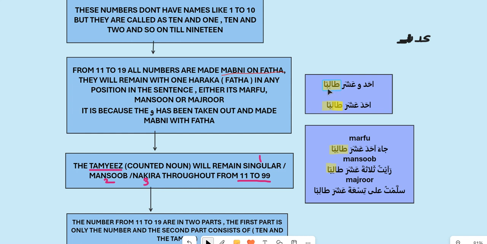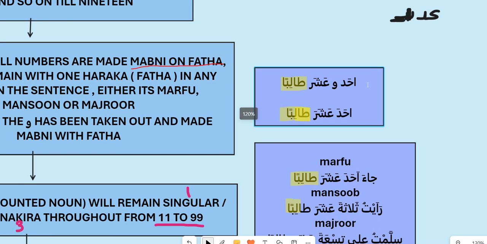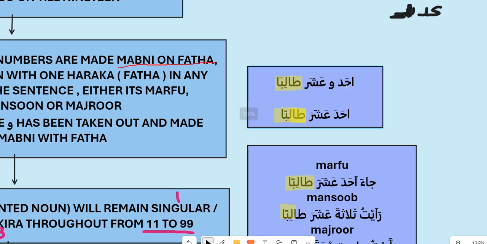And what is the structure of the number? If I can make it closer now, originally it was ahada wa ashara. So you can see here the wow in between. This is the original structure of the number from 11 to 19. There was a wow in between.